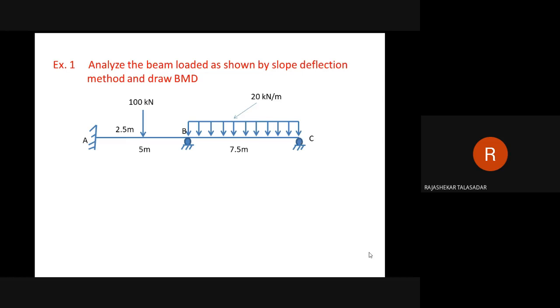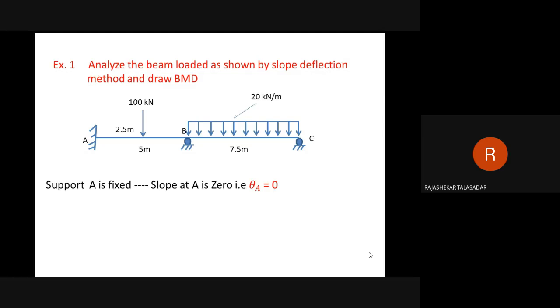Okay. So first you have to identify which are the unknowns you need to find for this particular problem. Actually only rotations. You have to think of rotations. 3 supports are there, but how many of the rotations will be 0 you have to identify.